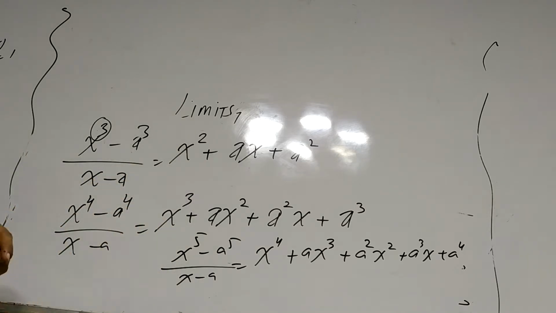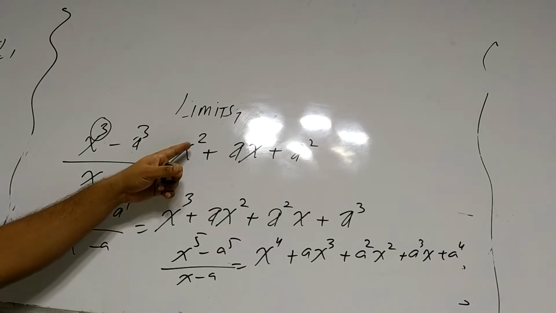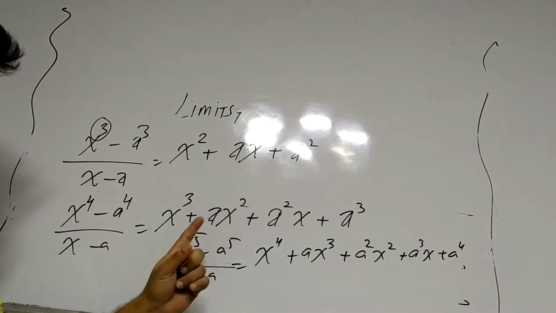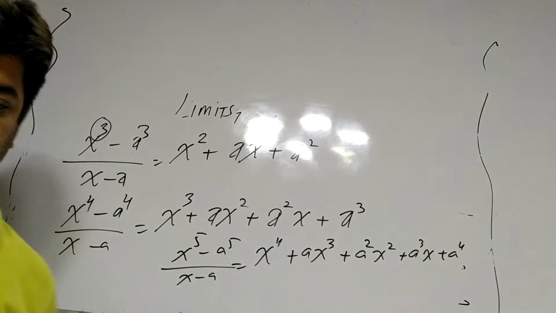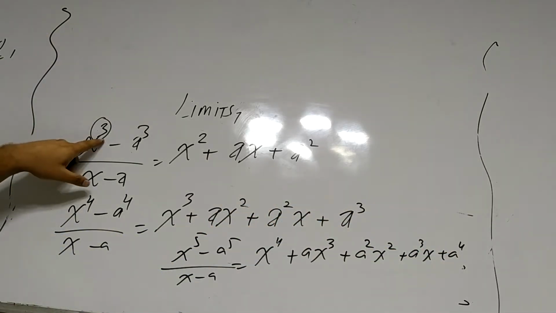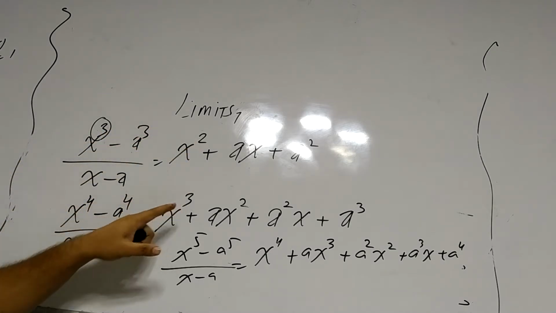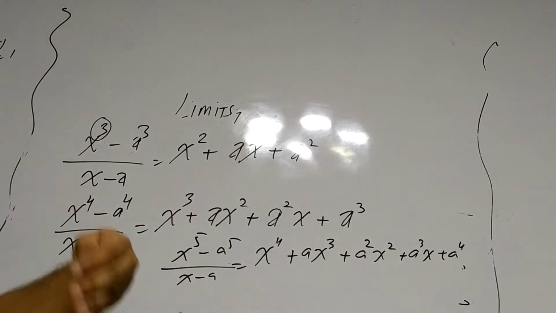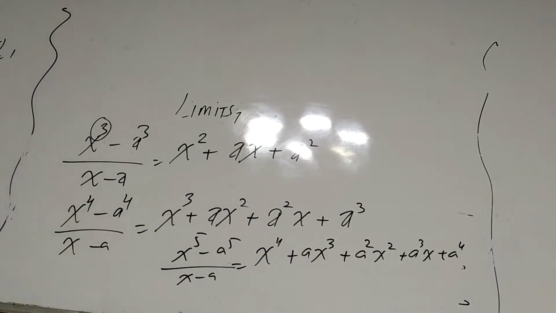I already had an x in the divisor, so I need a lesser x. So I get 2, 1, x equals 0; 3, 2, 1, x equals 0; 4, 3, 2, 1, x equals 0. With 3 I started with 2, with 4 I started with 3, with 5 I started with 4. And while going towards the end, I started gaining a's and losing x, right?